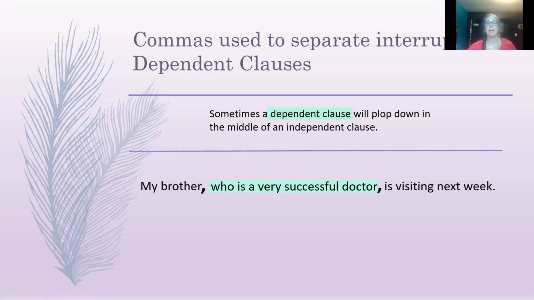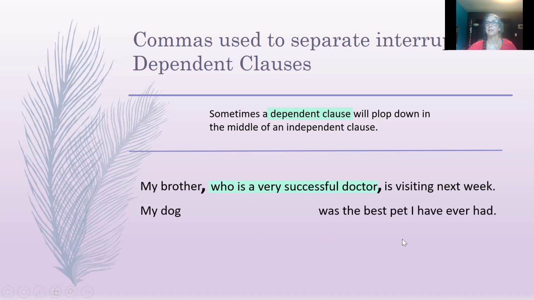Because I can't say "my brother is a very successful doctor is visiting next week." Right. So I have to have a new subject for the verb "is," which is why I'm going to use this relative pronoun to replace the noun "brother," because that's what pronouns do, and become the subject of this verb in this dependent clause.